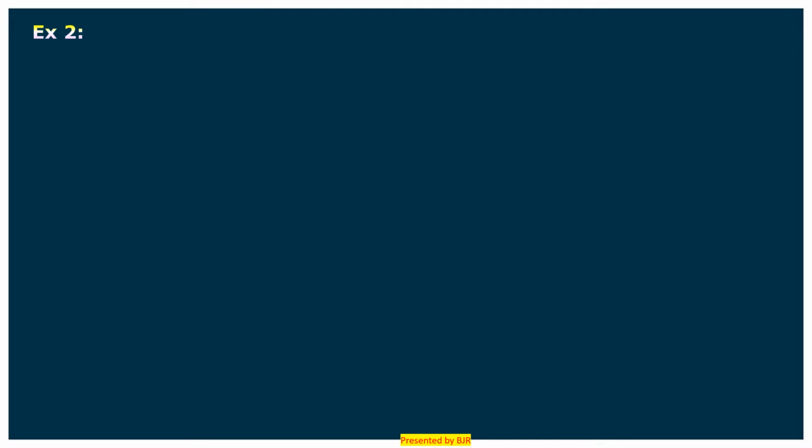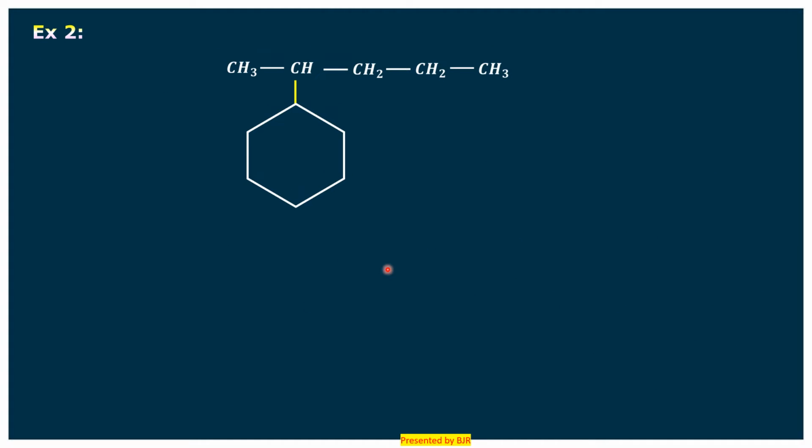Here is another example. This is an organic compound to which we have to provide the IUPAC name. In this organic compound, one alkyl group has been attached to the ring, and the number of carbon atoms present in the ring is 6, whereas the number of carbon atoms present in the alkyl group attached to the ring is 5.